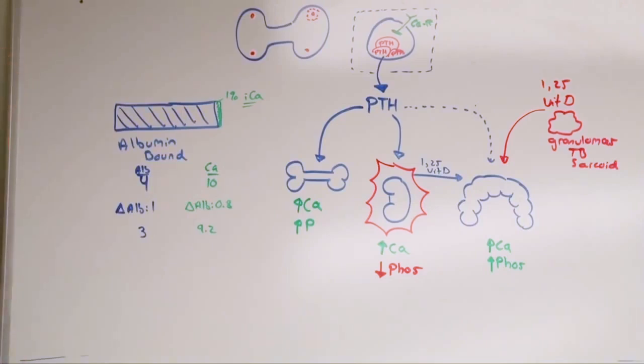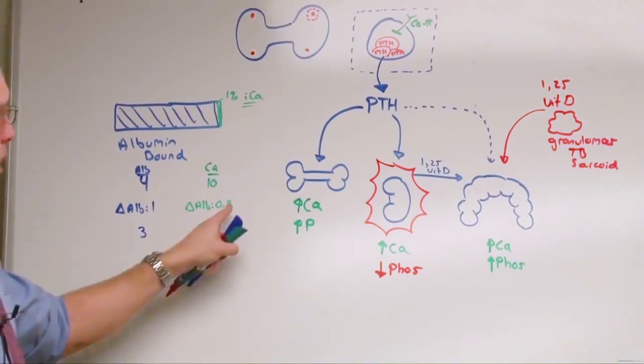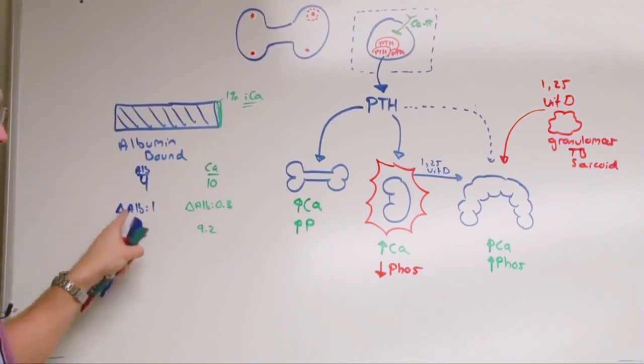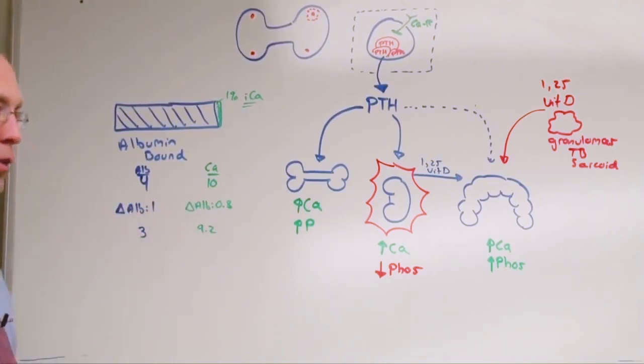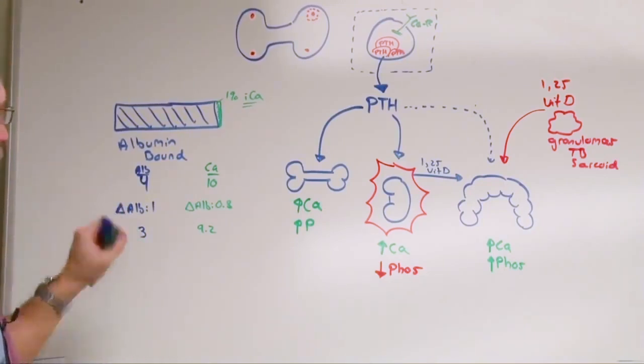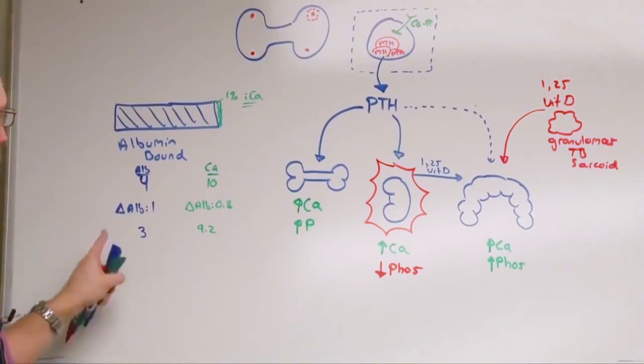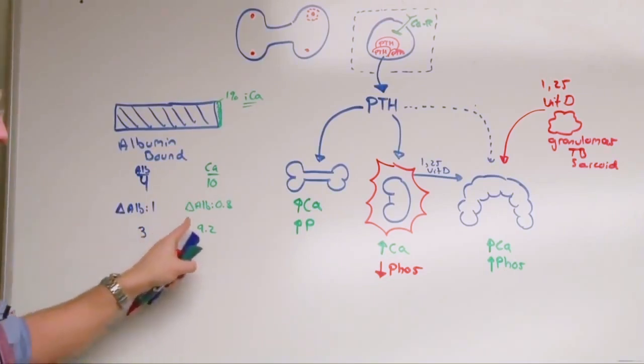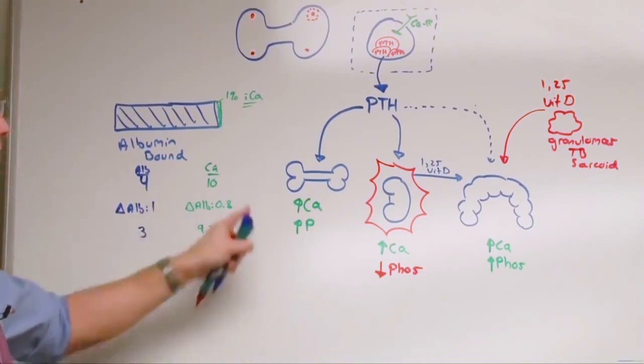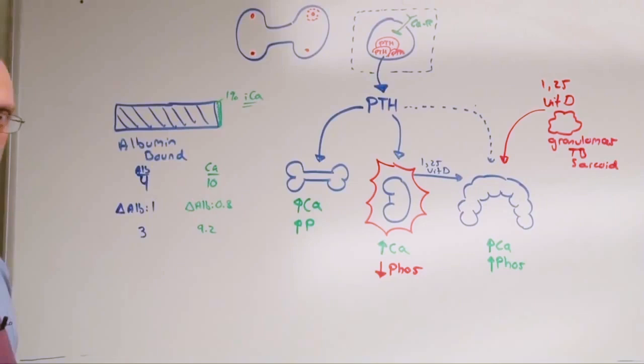To ballpark it, you add back 0.8 calciums for every 1 albumin deficient. Of course, albumin generally doesn't get to be elevated. It is usually low when you consider this. The whole point of this is if low albumin and low calcium, calcium might correct into normal ranges.